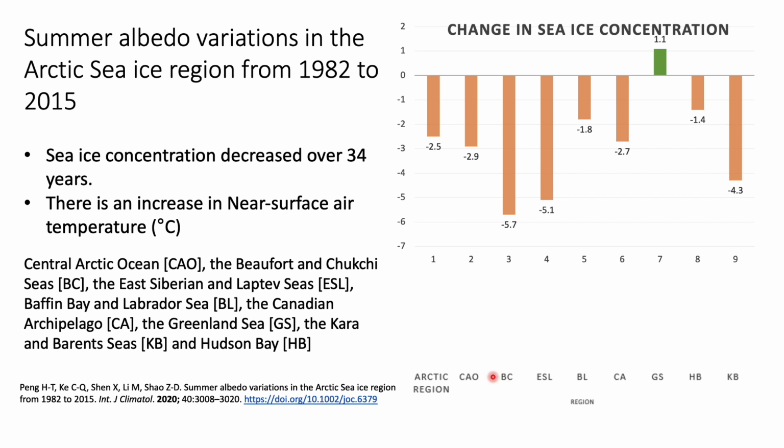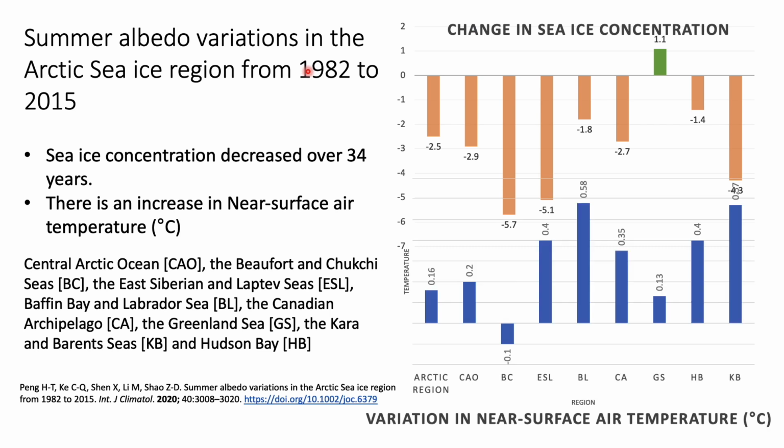In fact, in the BC, that is Beaufort and Chukchi Sea area, it is minus 5.7. That means there is a drastic reduction of sea ice concentration in this area. And if you look at other places, they all have a negative sea ice concentration. It means there is a decrease in the sea ice concentration in all these areas over the period of 34 years that people had studied.